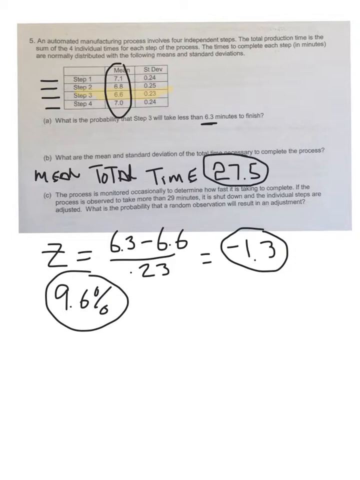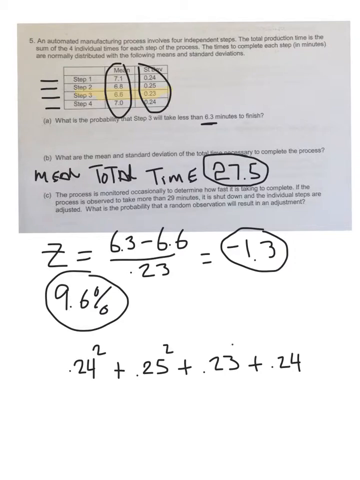But what about the standard deviation? Okay, so remember, we got to square them and add them and take the square root. That's how we get that total time. So for combining standard deviations, square them, add them together, and take the square root.